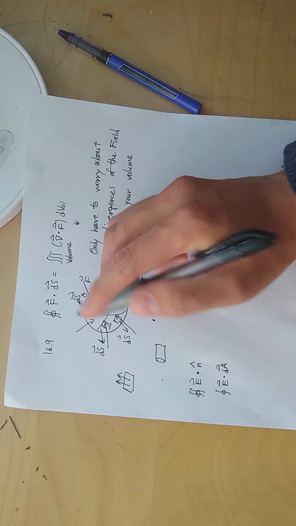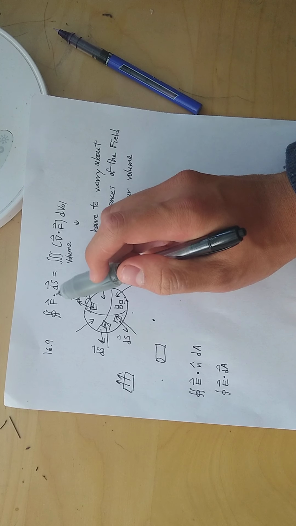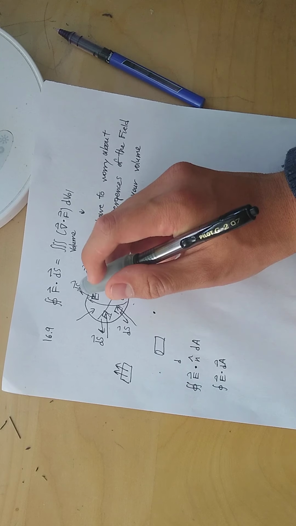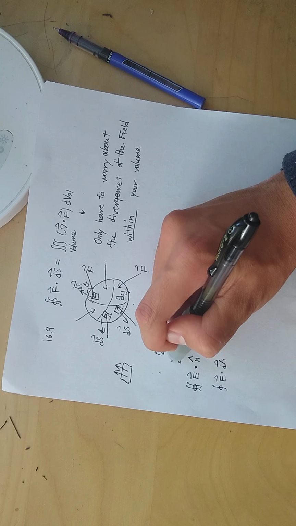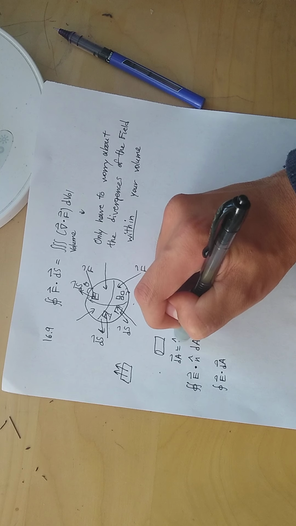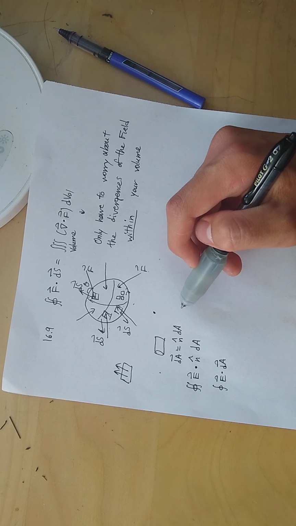Now, for computing the flux, when we either write dS or dA as a vector quantity, it's actually equal to the normal vector times that area element.